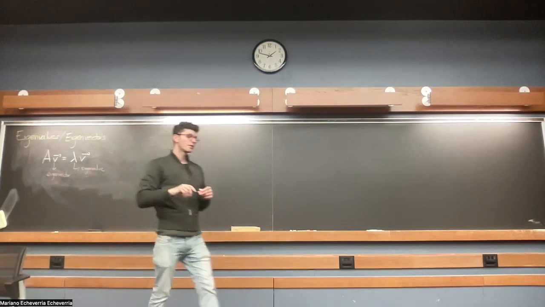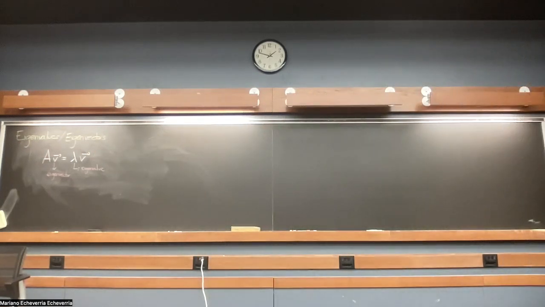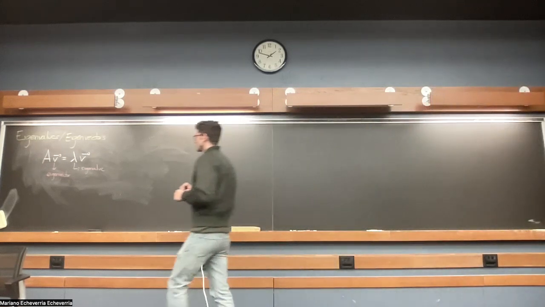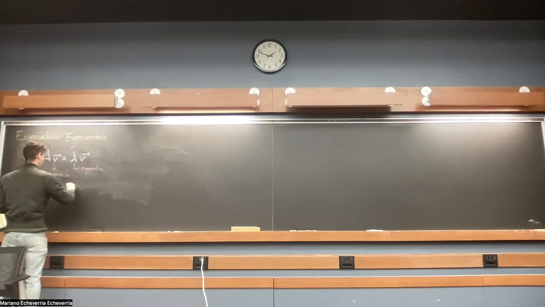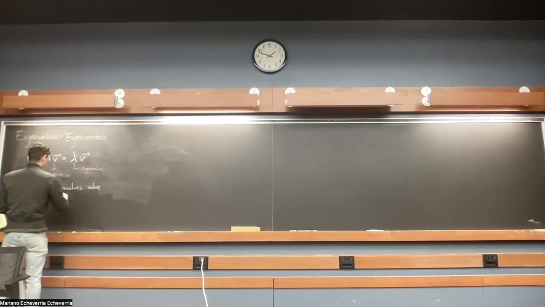So what we had done on Monday was to find ways to find the eigenvalues of a matrix. To find the eigenvalues, you solve the equation that the determinant of A minus lambda I equals 0, right?